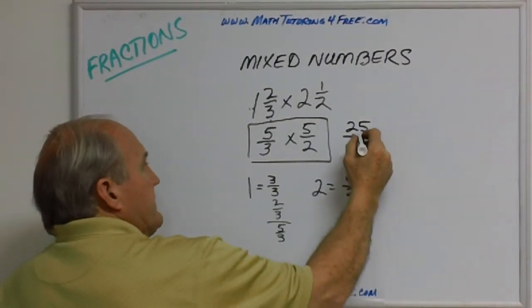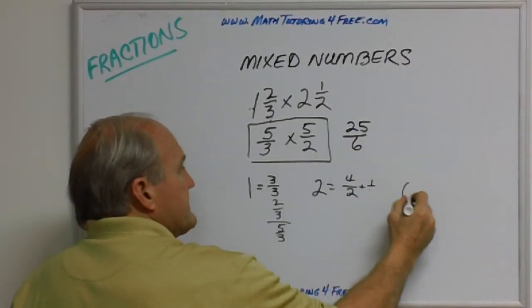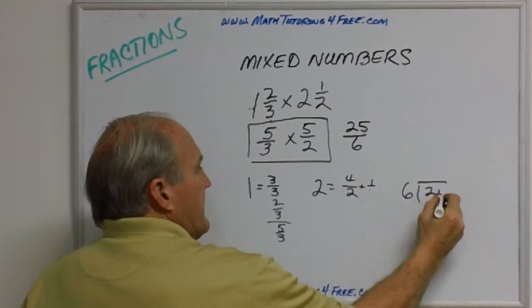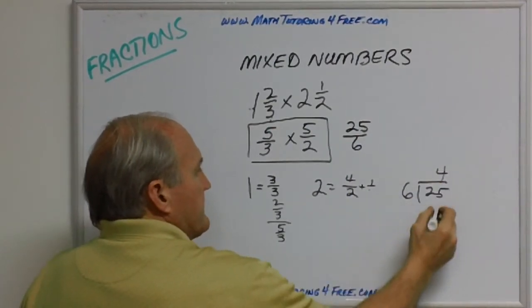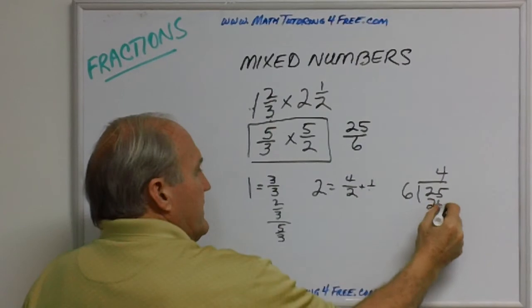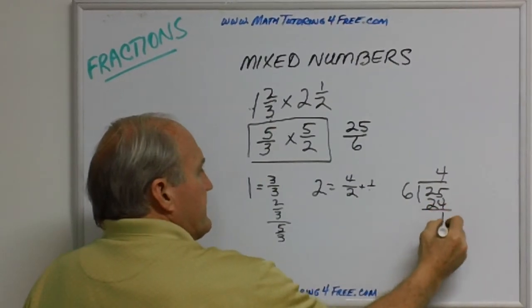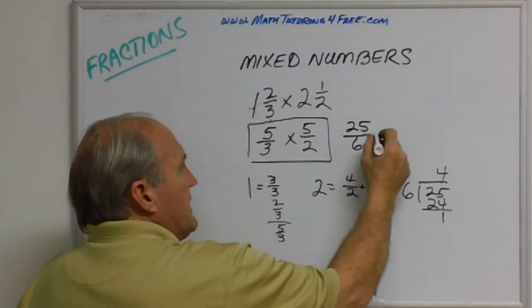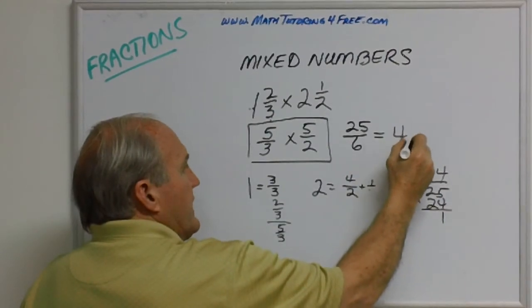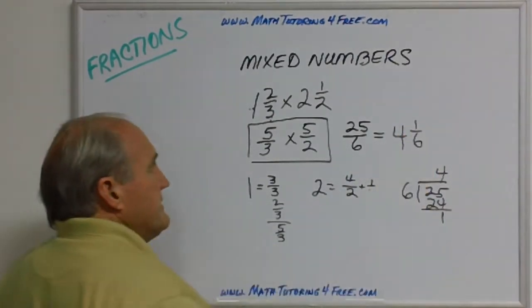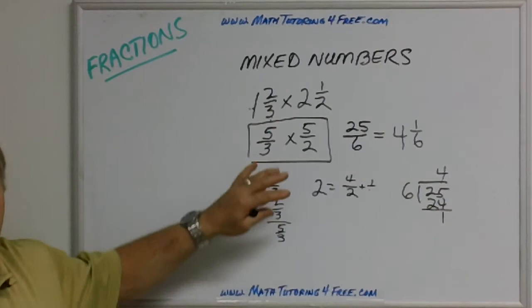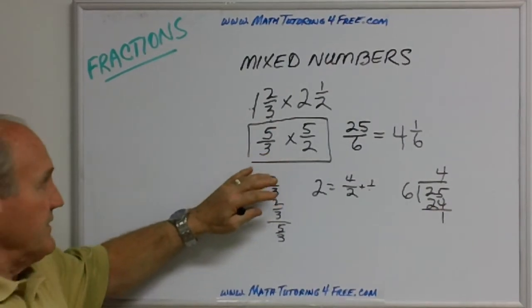Divide the denominator into the numerator. 6 goes into 25 4 times. 4 times 6 is 24. Subtract, we got 1 left over. Our answer becomes 4 1/6. Okay?